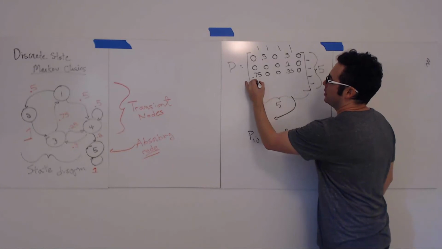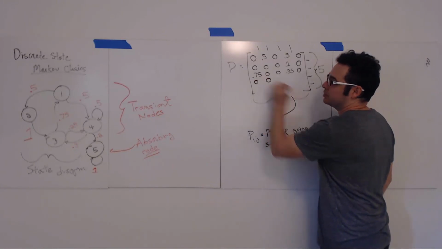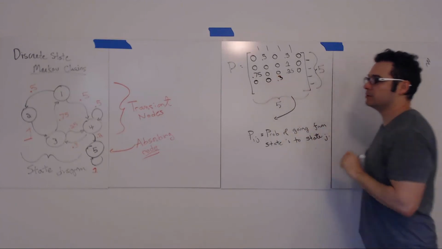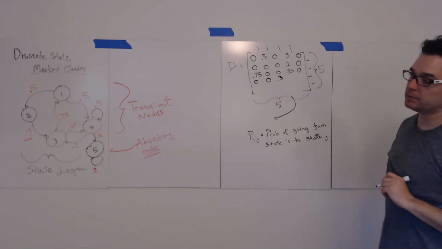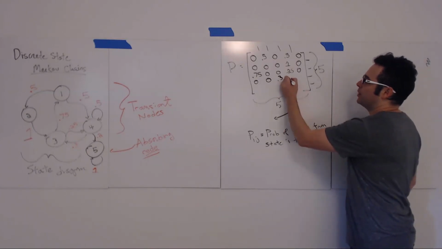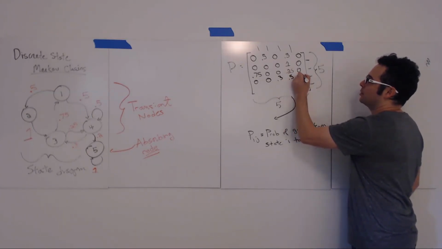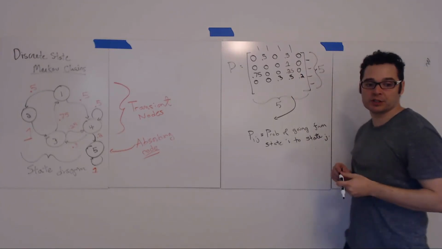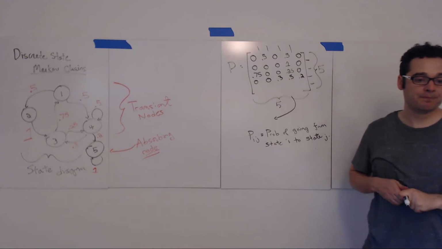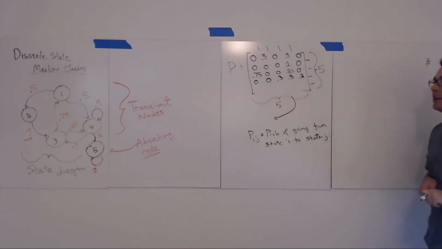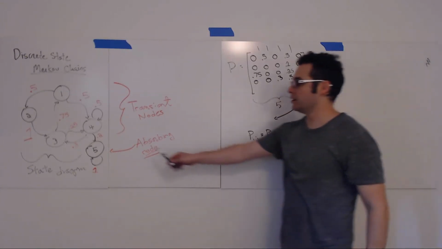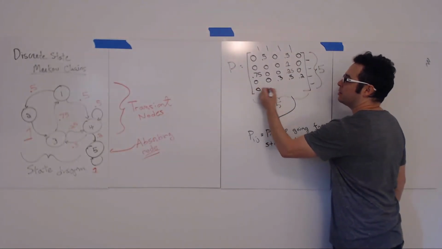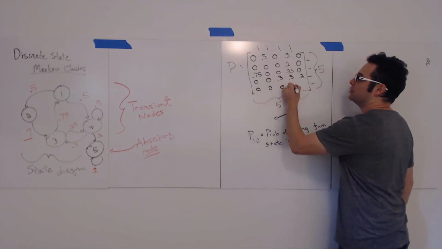So we have 0, 0, 0.3, 0.5, and then with 0.2 probability, we end up going to state 5, which represents, for our problem, going home. All right. Our last row, representing state 5, we have as 0, 0, 0, 0, 1.